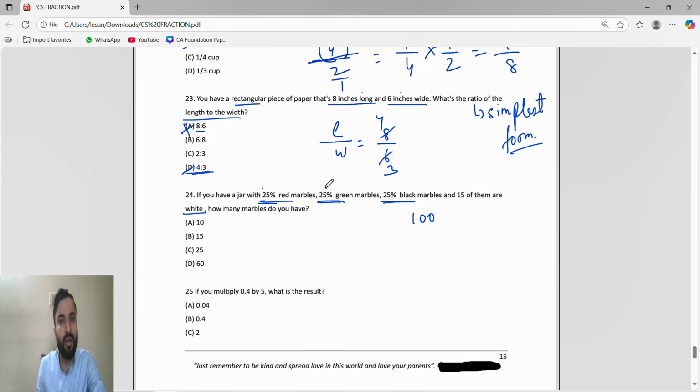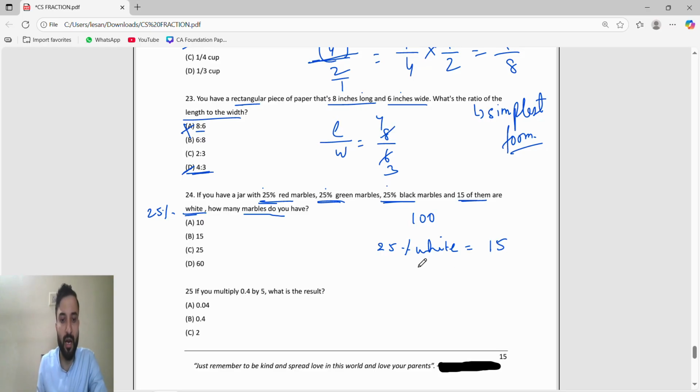So 25 plus 25 is 50, 50 plus 25 is 75. And the remaining 25% will be white. They asked how many marbles do you have. 25% are white. They said 15 of them are white, meaning 25% white means 15 is the white.